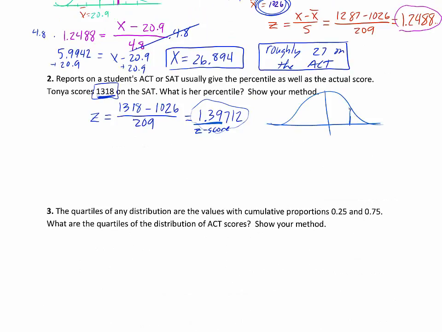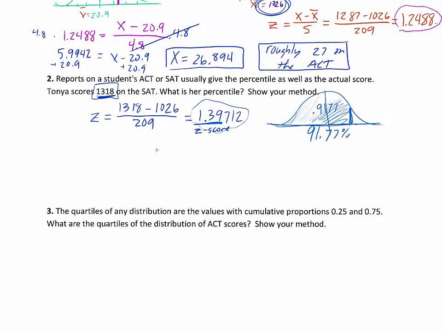So 0.9177 is the percentage or the area. So she's up here, 0.9177. So what percentage is this part, this shaded region? The shaded region is 91.77%. So if we were looking at her percentile, that's the percent of people that she had a higher score than.